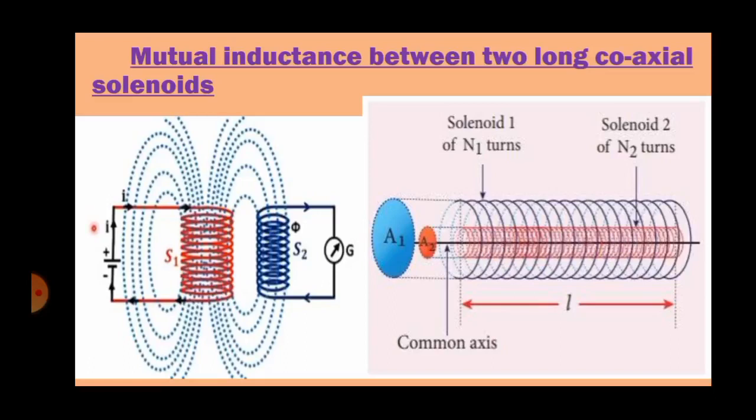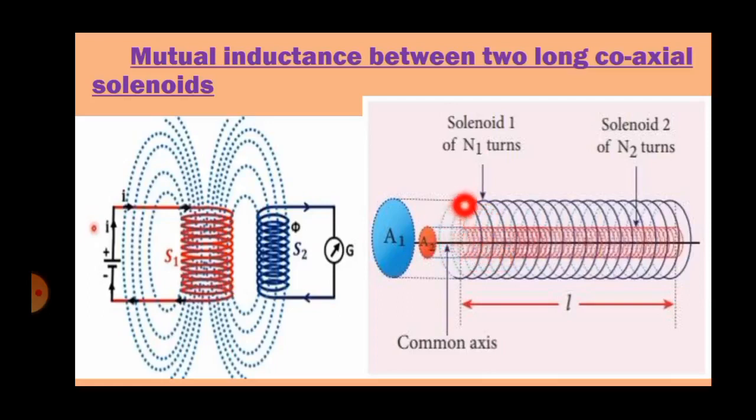It is defined as the opposing induced EMF in coil 2 when the rate of change of current through coil 1 is 1 ampere per second. Okay, now consider two long coaxial solenoids of the same length. This is solenoid 1, this is solenoid 2.